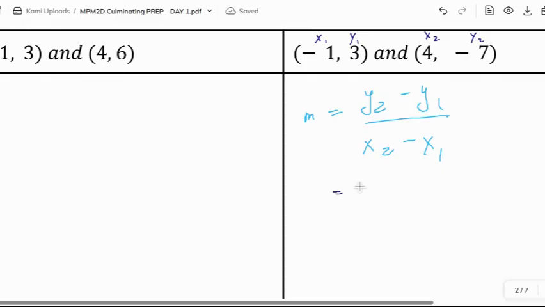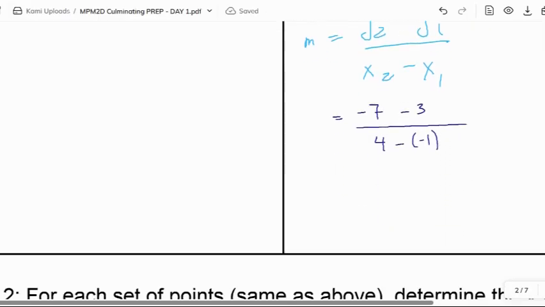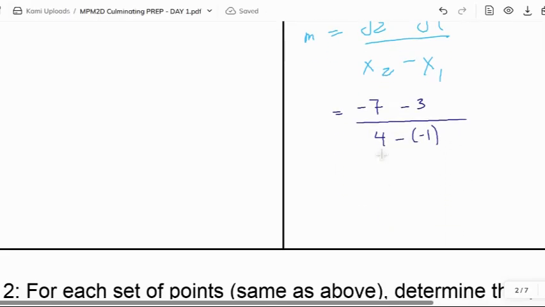So what's my y2? In this case, it's minus 7 minus y1, so minus 3, over x2, and here's the tricky part, minus x1, so it's minus 1, right? And so when I am subtracting a negative number, that just turns into a positive, right?